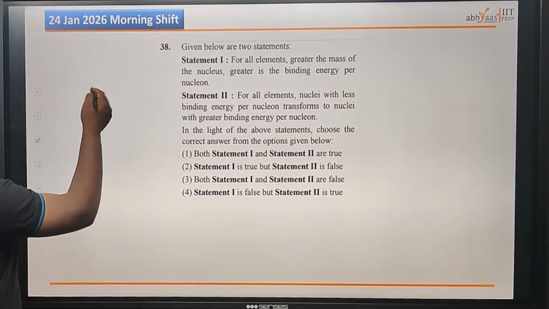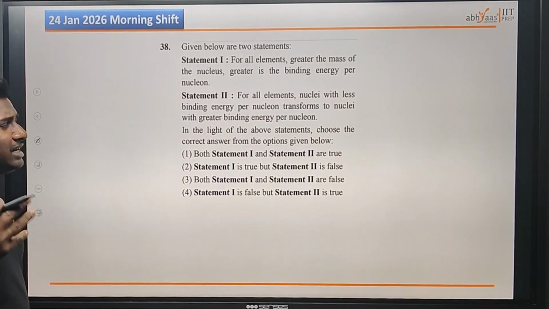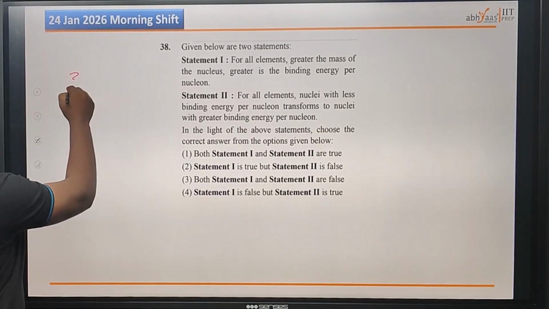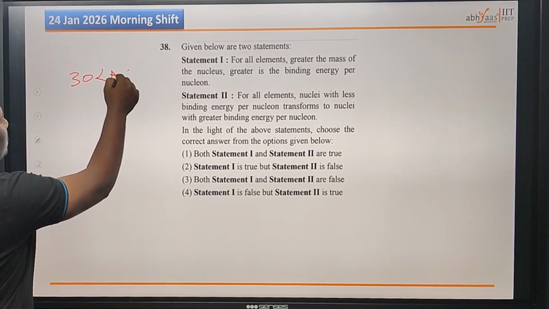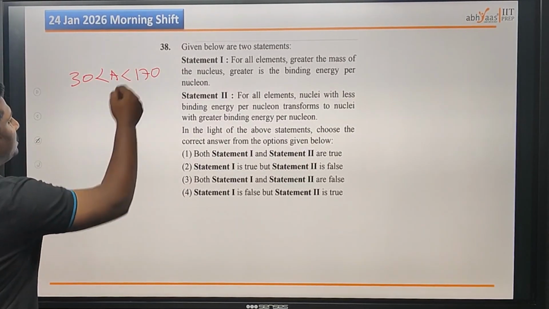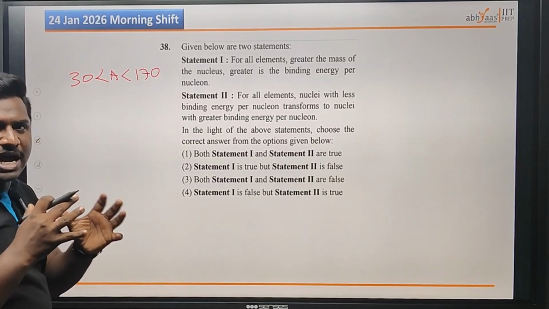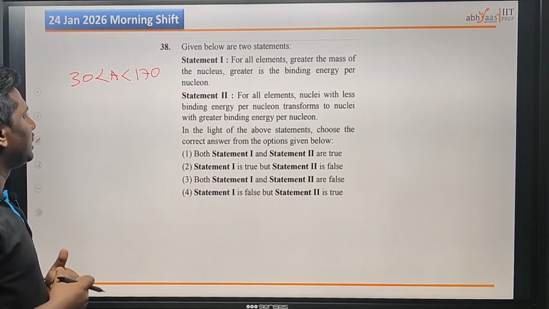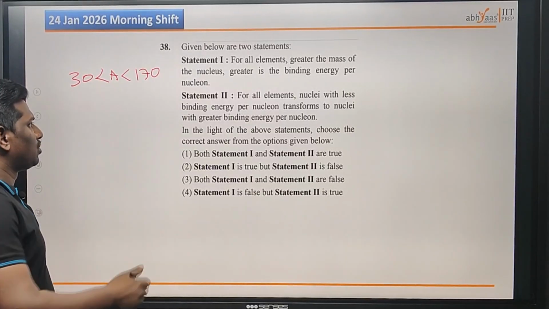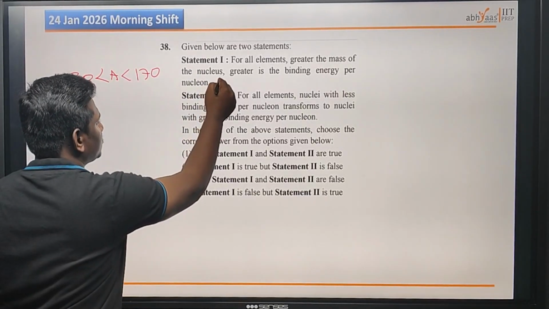What is the condition for a greater binding energy per nucleon? 30 less than A, which is less than 170. This is the range where we are having greater binding energy per nucleon. So statement 2, this is false.